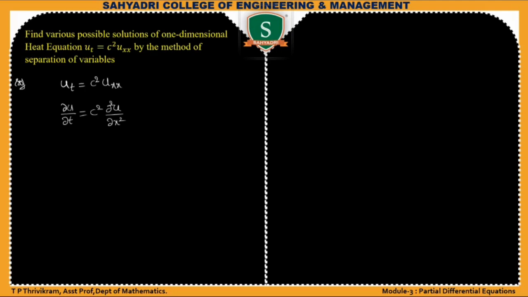For this we need to find the solution using the method of separation of variables. In the method itself, we need to separate the variables. How will you separate the variables? Based on the assumption that if u is a solution, its solution will be of the form X times T, where X is a function of x, that means X of variable x.